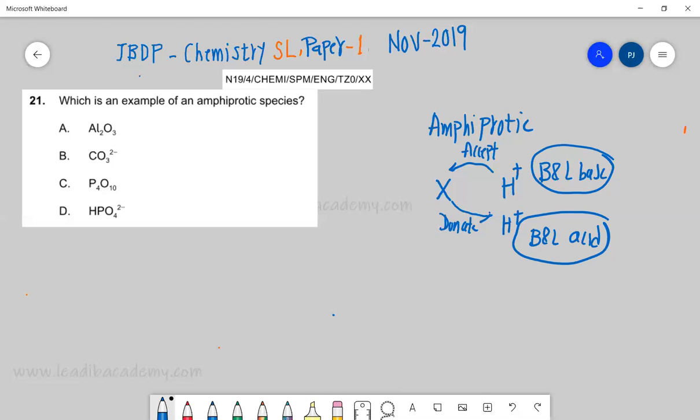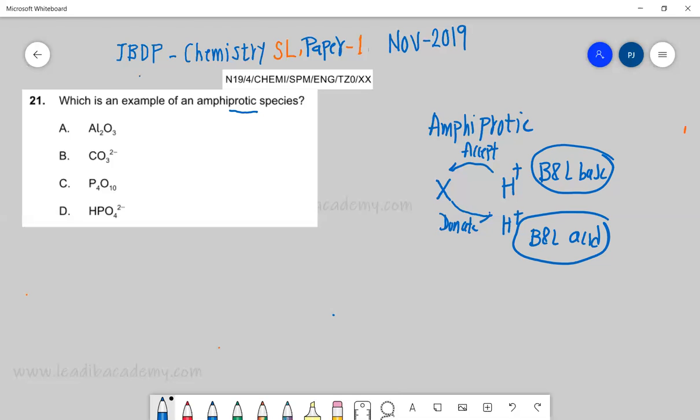If it is not acting through a proton, then those are called amphoteric. But here there is an involvement of the proton, so you need to be careful. This is amphiprotic. Protic means a proton, H plus.